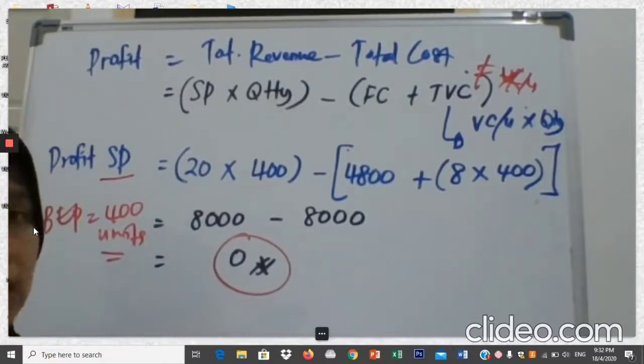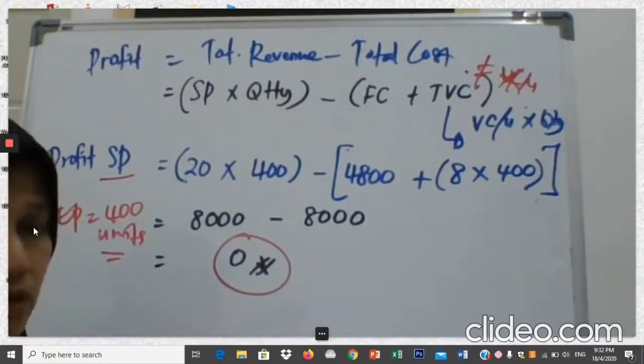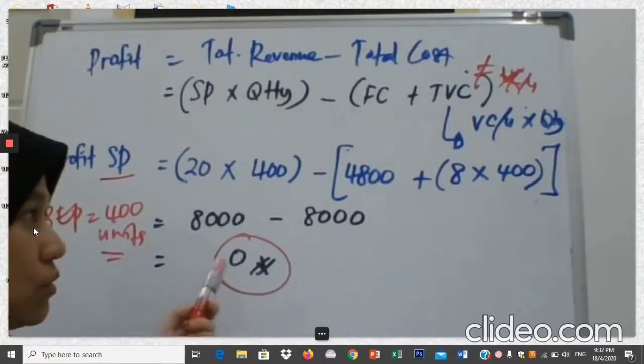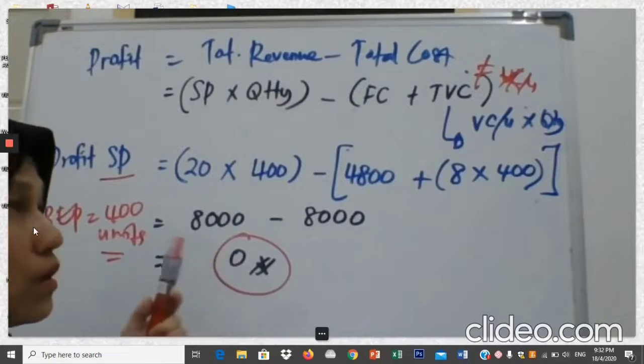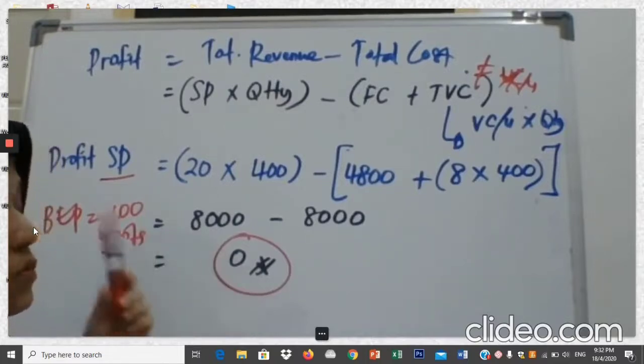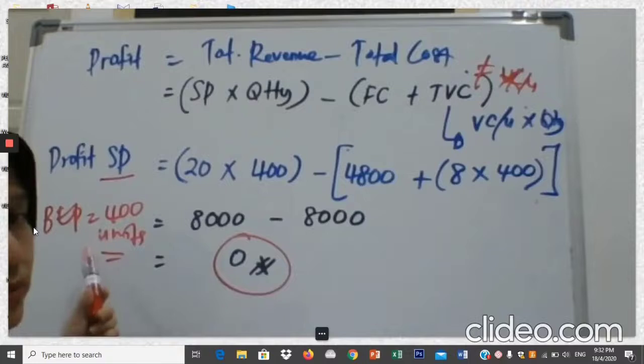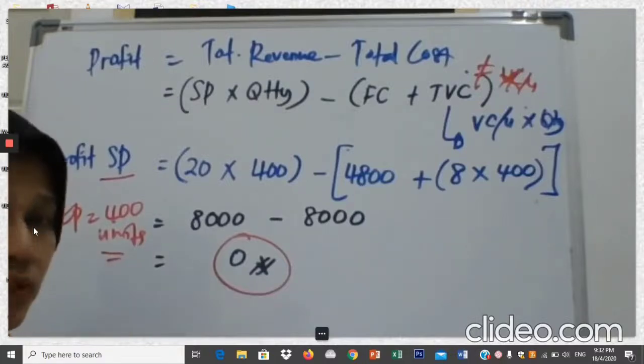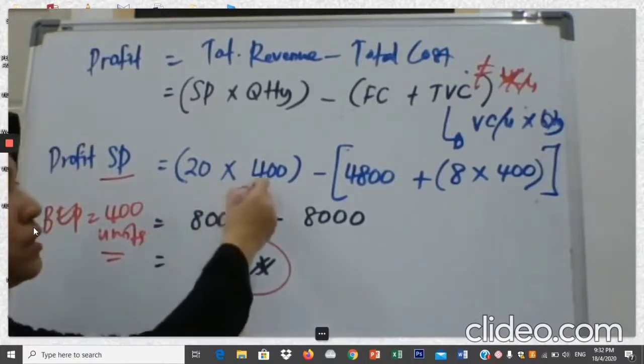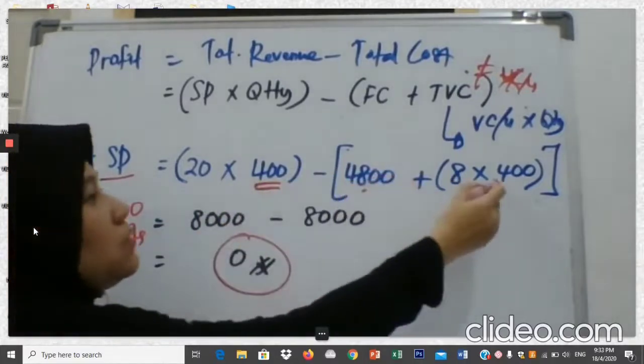But when you are asked to calculate profit in the exam, you don't use the break-even point unit. So when a profit question is asked, then normally quantity will be given in the question, so you use that quantity to replace this. Okay.